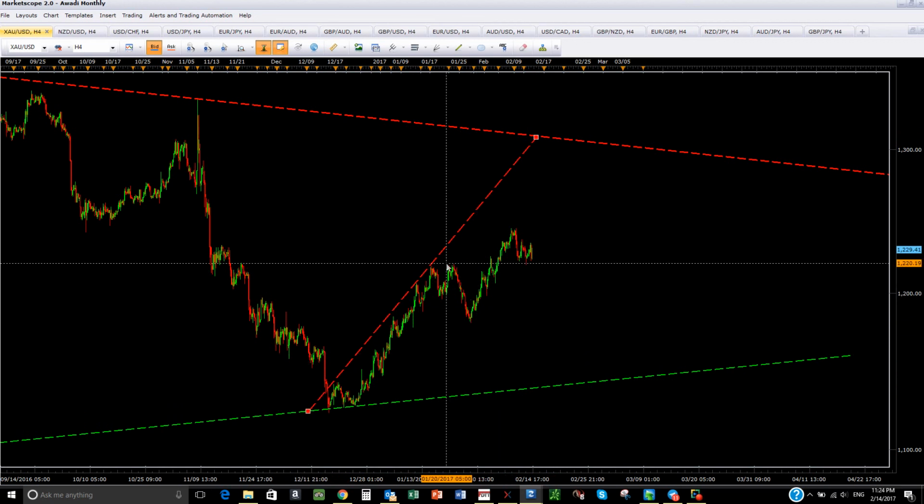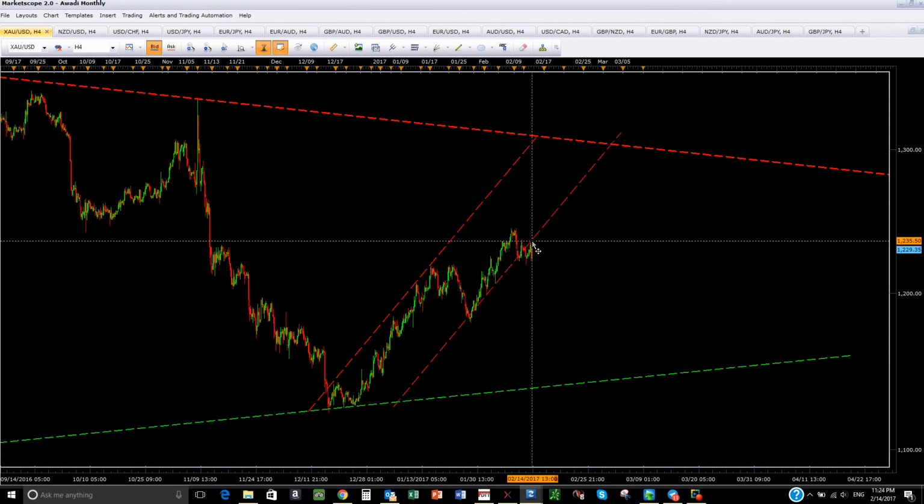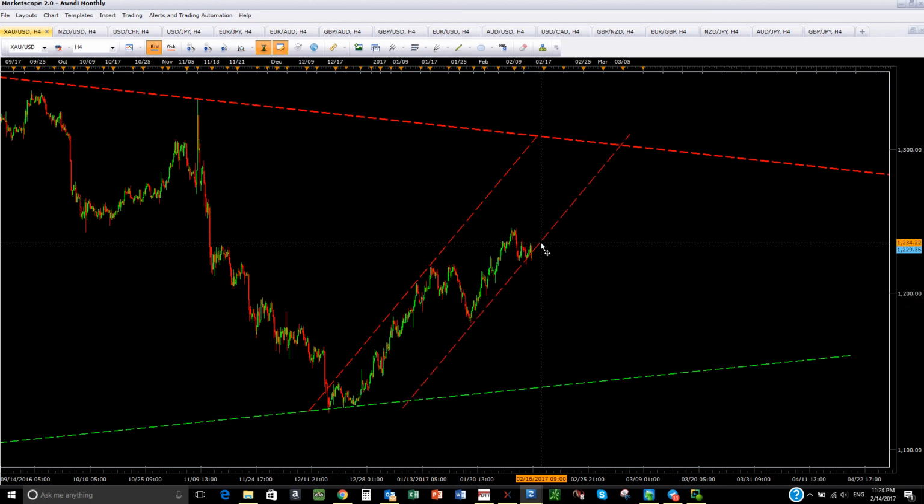Just take a copy of it. I need to change the slope, I think.